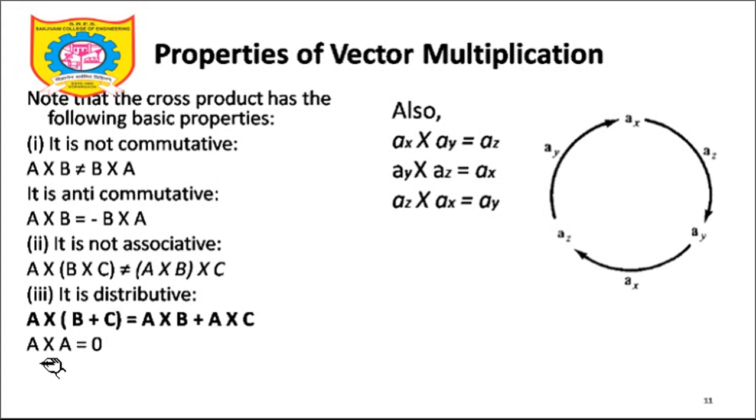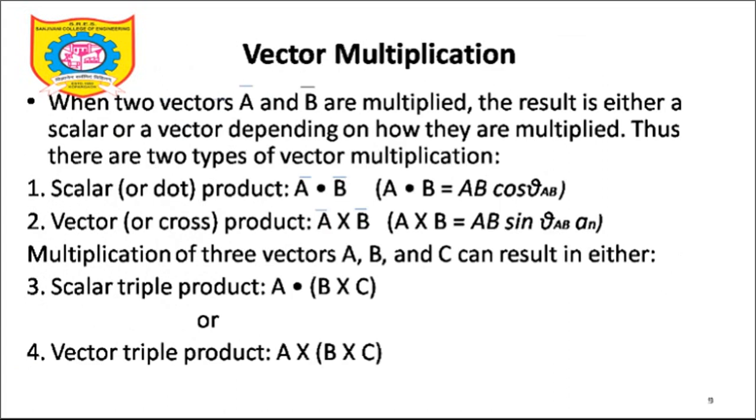It is simple multiplication. Now the important property: the vector multiplication of a vector with itself is 0. So A bar cross A bar, AX bar cross AX bar, B bar cross B bar is 0. Why is it 0? If I take you back to the definition of the vector product, the basic definition is A bar cross B bar is AB sine theta.